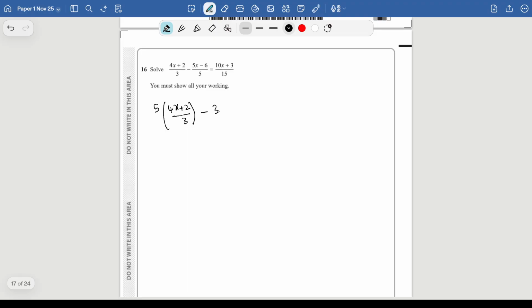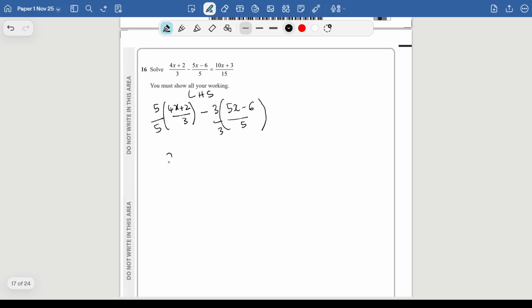And there is this 3 times 5x minus 6 over 5. The entire thing needs to be multiplied. I'm just focusing on the left hand side right now. So this also by 3, this also by 5, numerator and denominator.